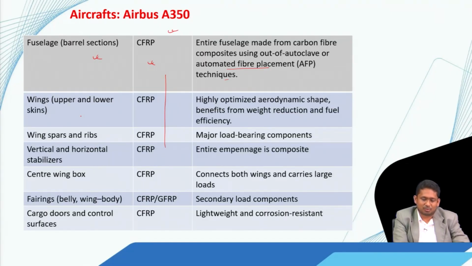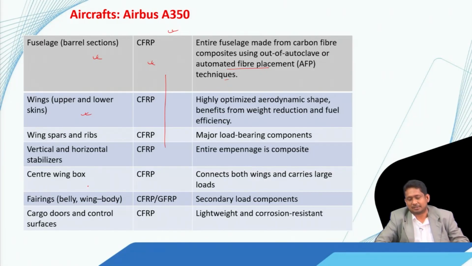Wings upper and lower skins have CFRP. It gives proper aerodynamic shape, and when we make a lifting structure, maintaining proper aerodynamic shape is crucial. With composites, because they can be molded, making different shapes is possible with molds, so it is easier to get that kind of shape than with metal.